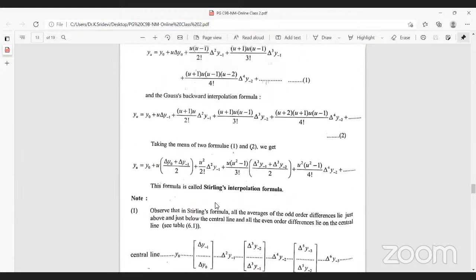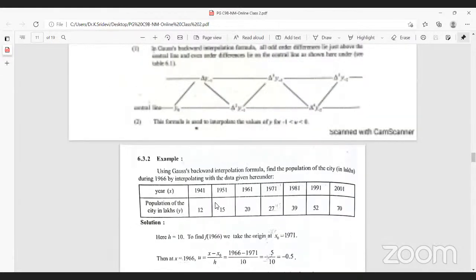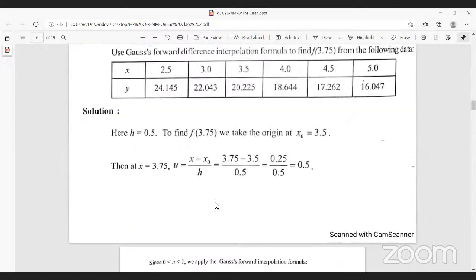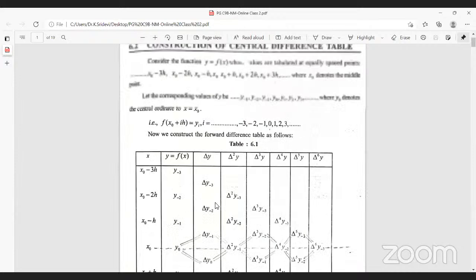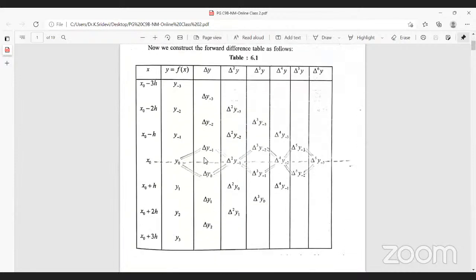So if you observe the Stirling formula from the table, the entries are like that. So x naught, this is y naught. These are the entries on the central line. These are the entries above the central line. These are the entries below the central line.